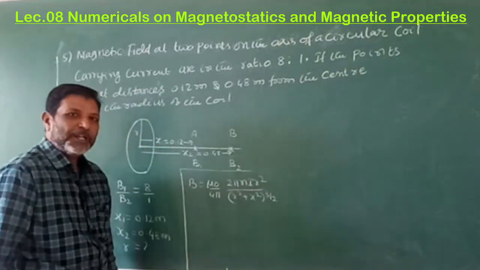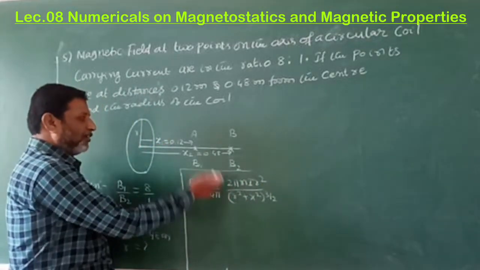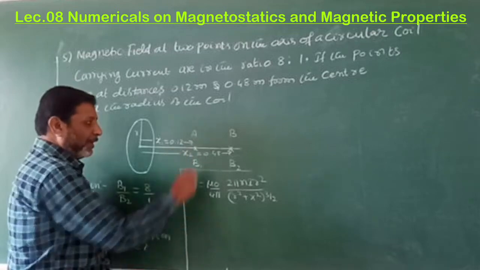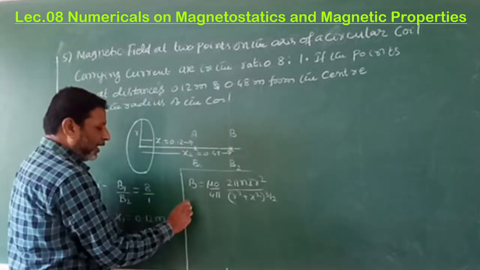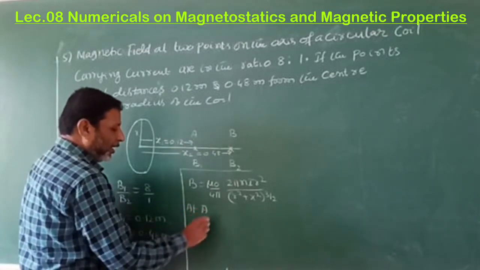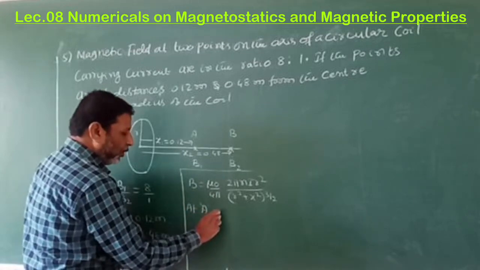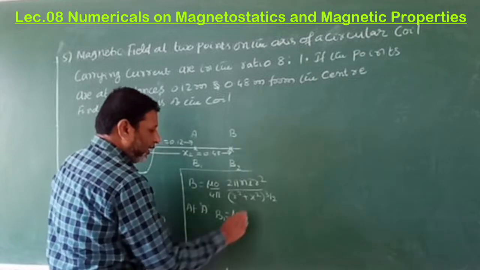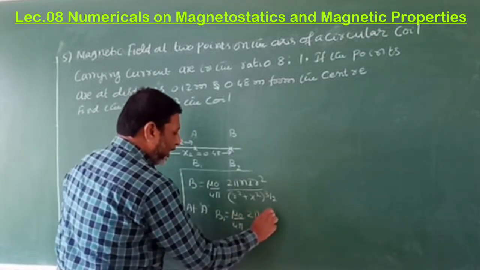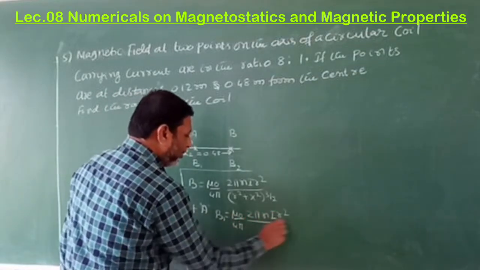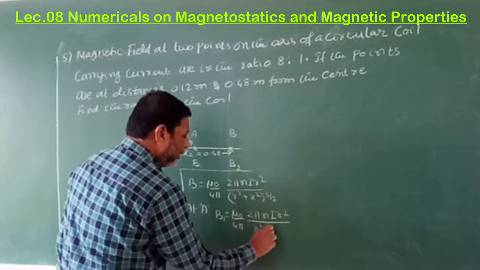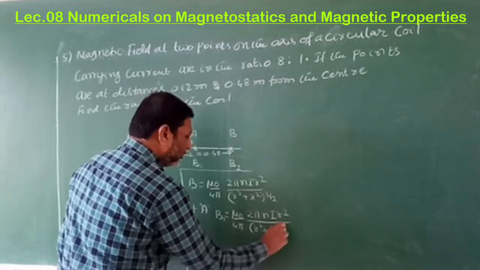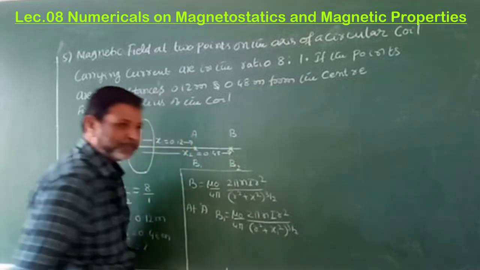Now you apply this formula for point A and point B. At A, B1 is equal to mu naught divided by 4 pi, 2 pi N i r square divided by r square plus x1 square whole raised to 3 by 2.